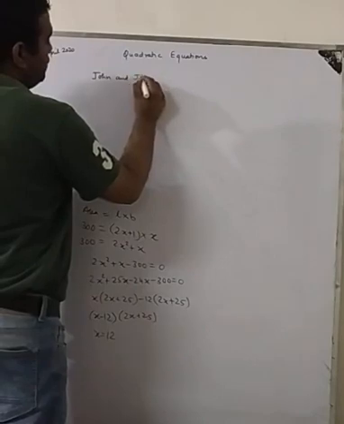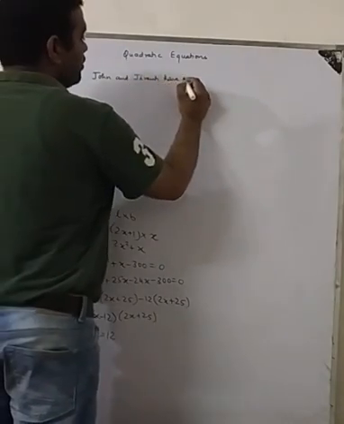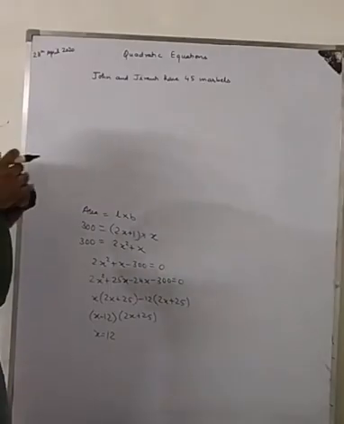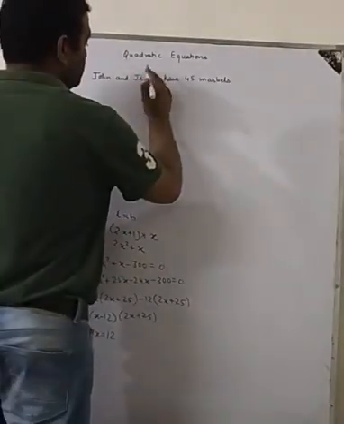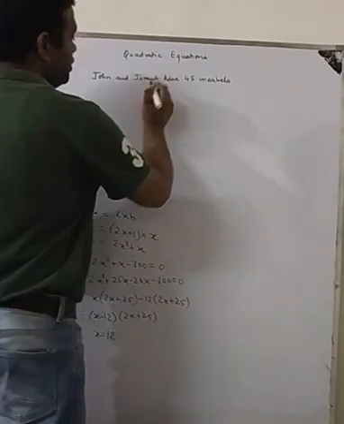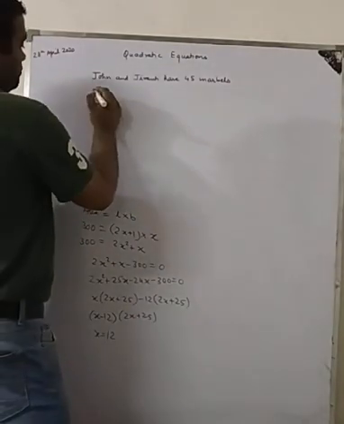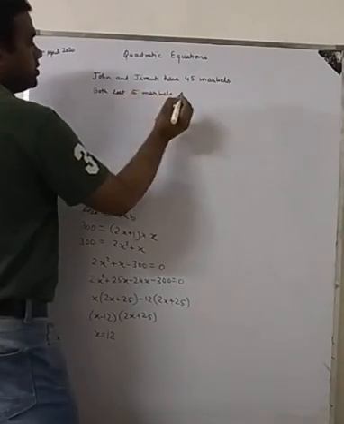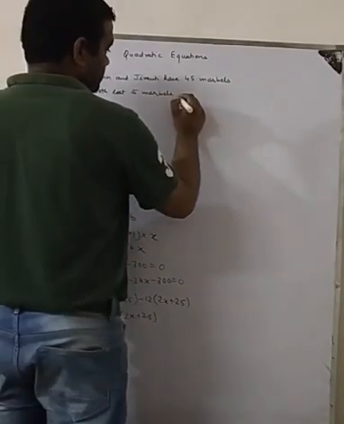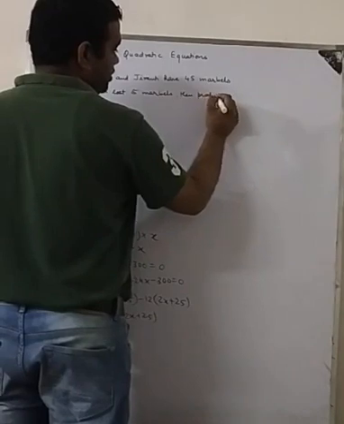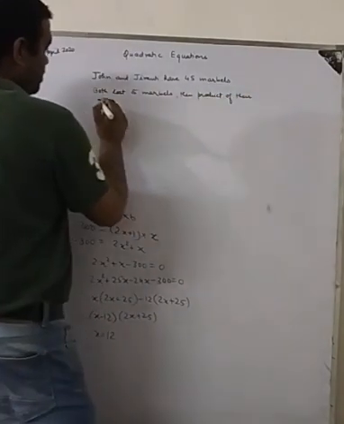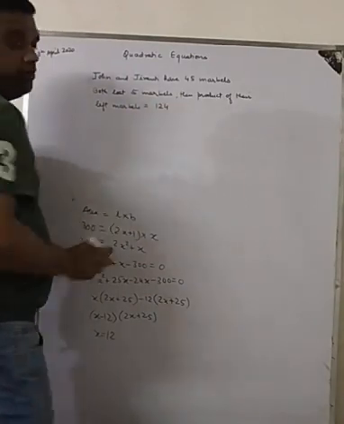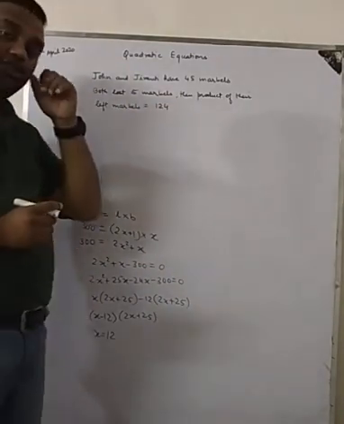Both of them lost 5 marbles, and then the product of their left marbles is equal to 124. We need to find the number of marbles each have.